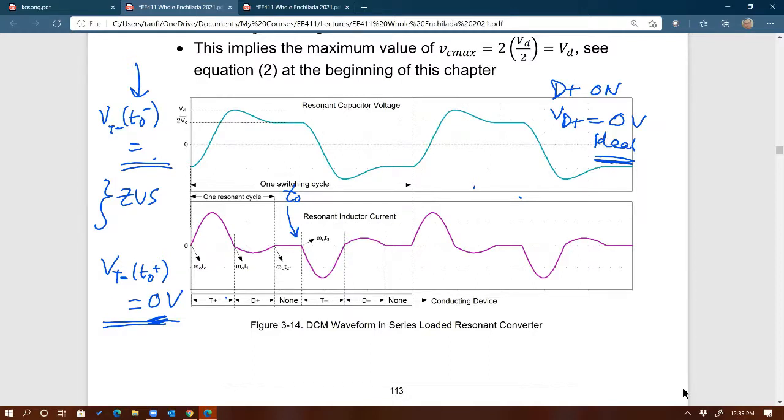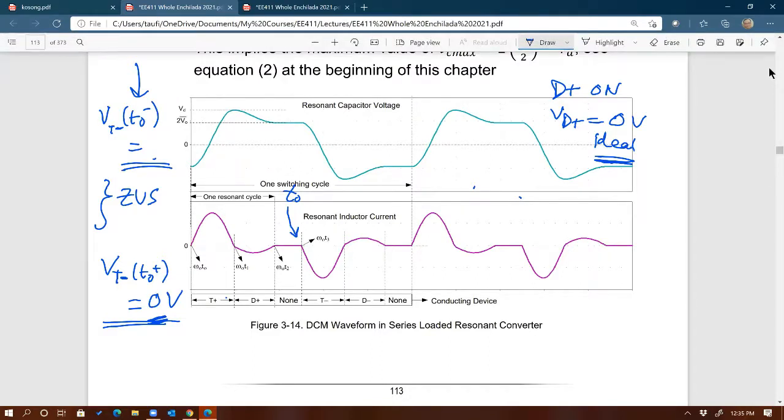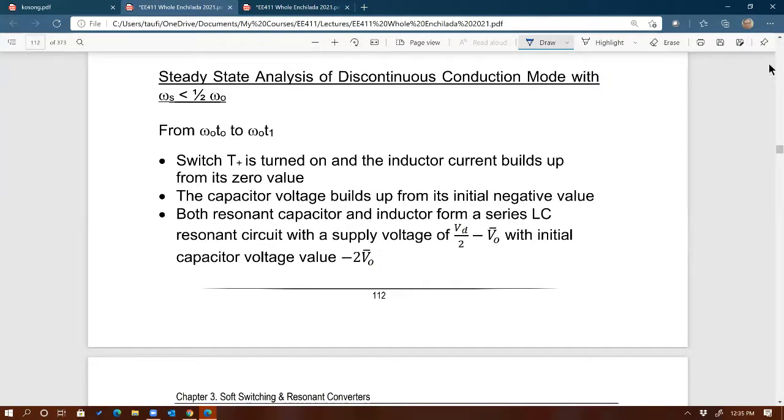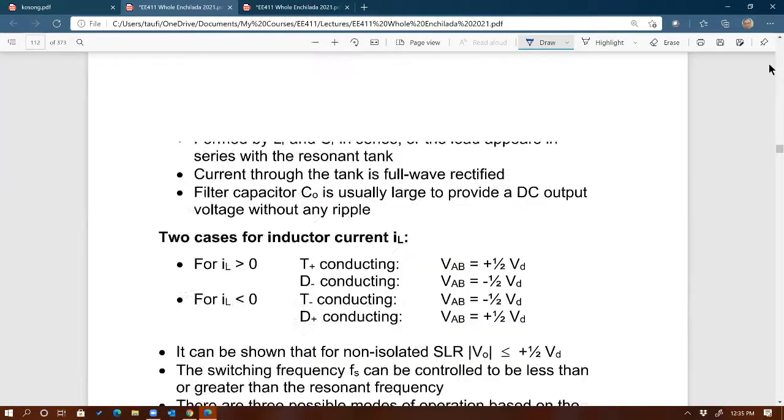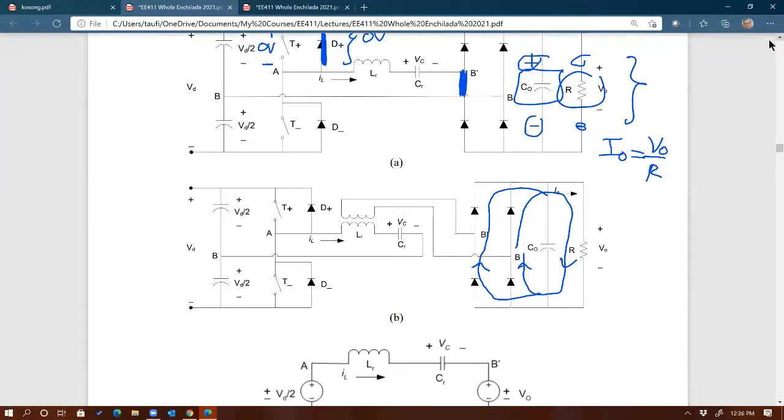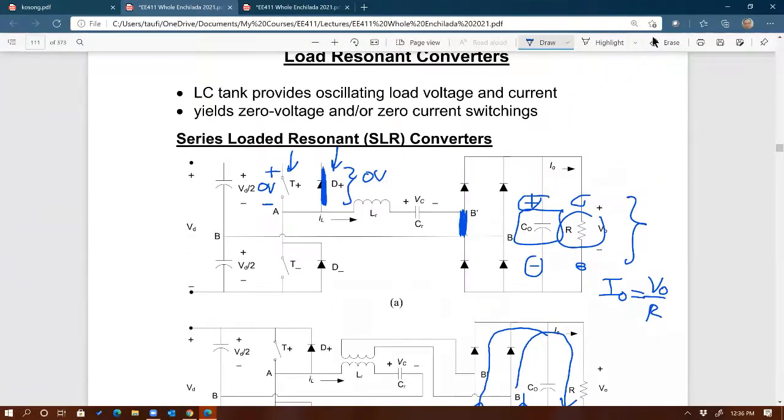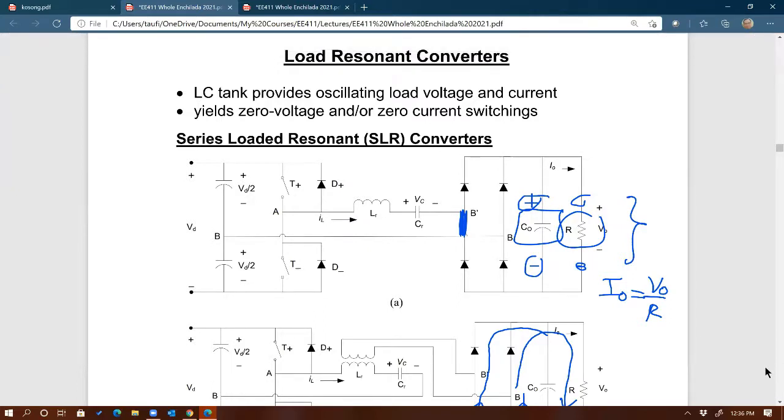You can just look at the circuit right here. Let's say that none of these devices, T plus, D minus, T minus, are conducting. No current at all, right? So what's going to happen with the voltage across T minus?